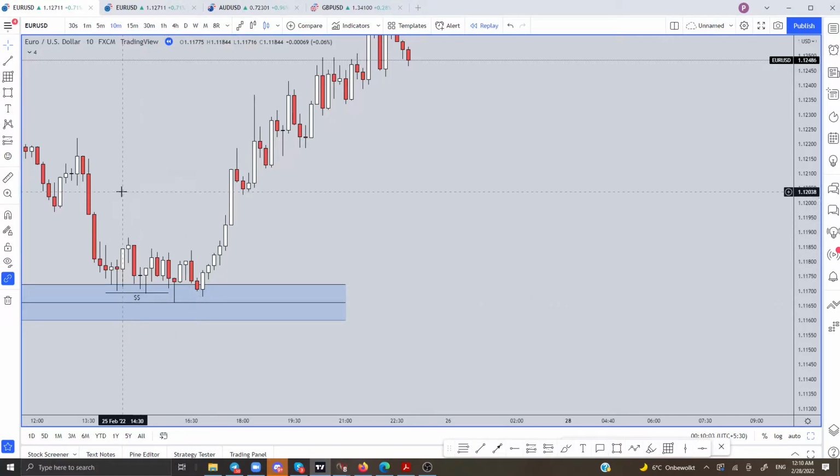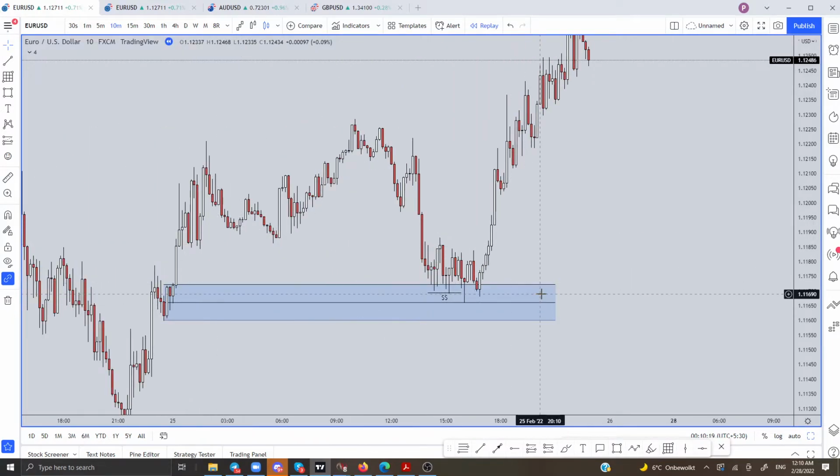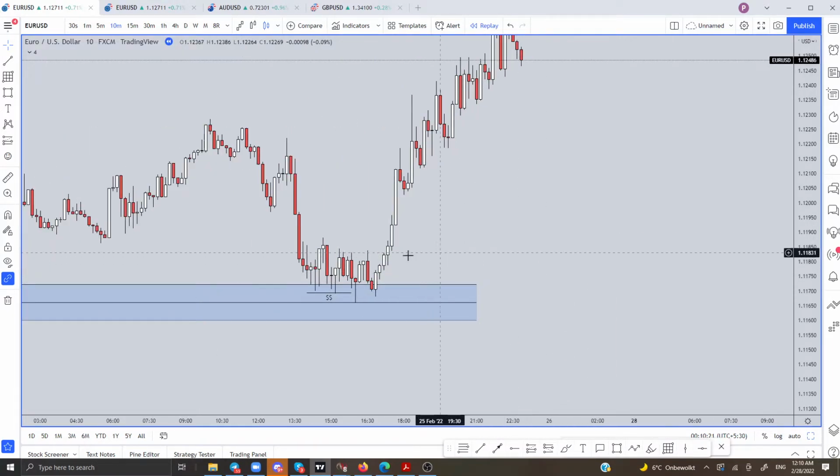As we know, if we want to buy, then we want to see some sellers trapped down below and buyers joining the party. Then we will be confident to say that at this order block, buyers are stronger than sellers and this buy is more valid, or more confident to take.